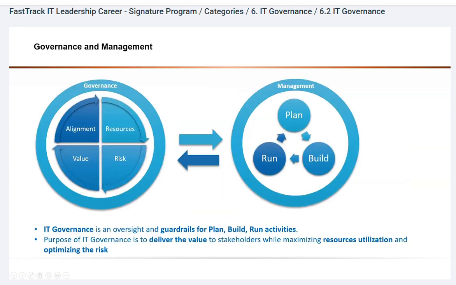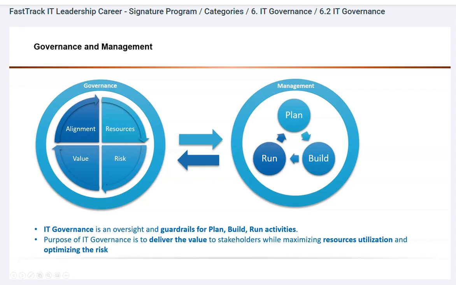So one thing is clear: governance is not the same as management. Both have to be treated as separate. And you can see management is planning what to do, building it, and then running applications or services. So it's plan, build, run, which is what we're going to see in the following sections later.